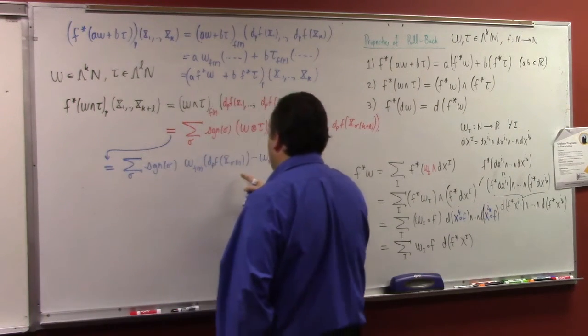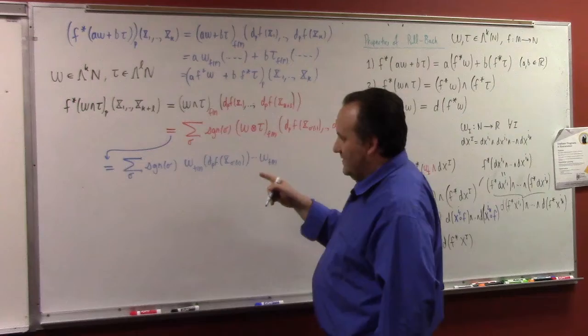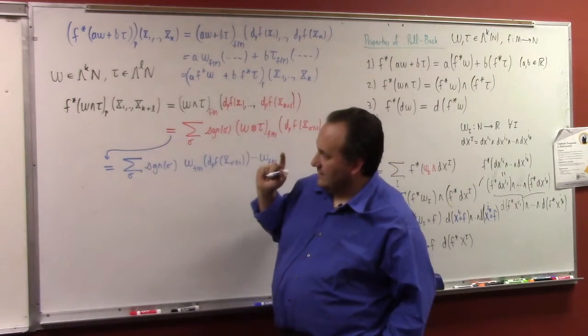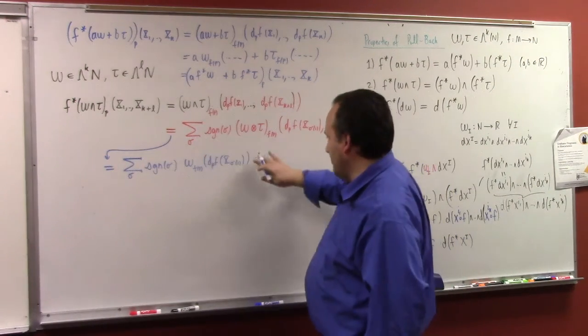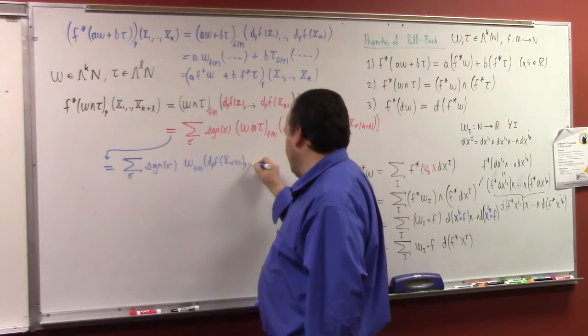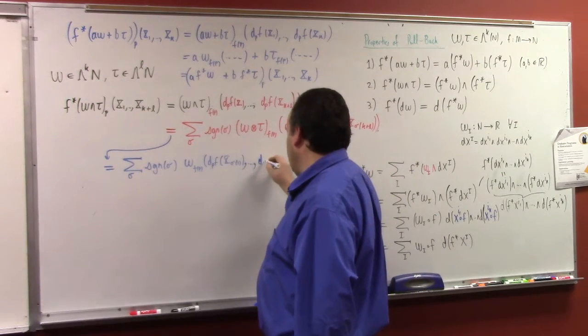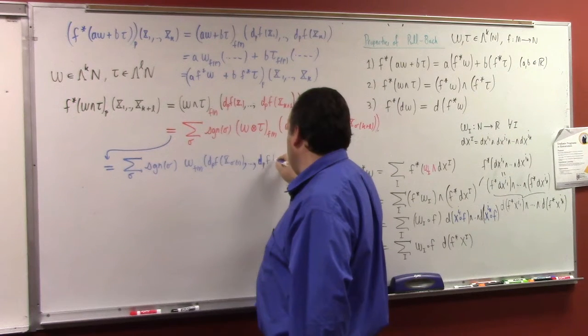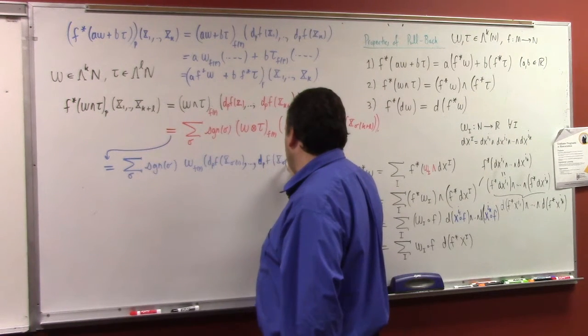What does omega take? It doesn't take in one entry. It is a k form. It takes in a k tuple. So this goes on, right? Until you get to the kth one, dpf of x sigma of k.